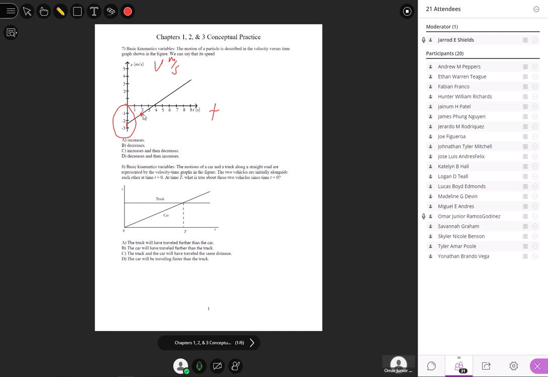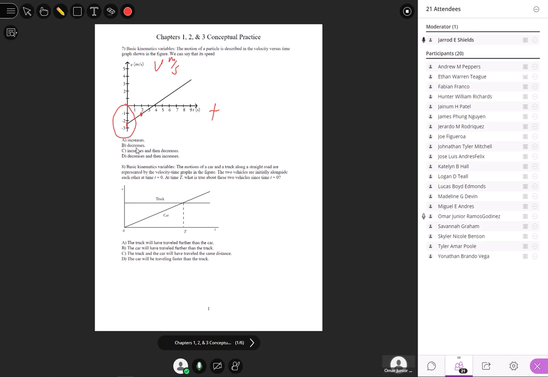So, that being said, if the velocity is negative 2.5 at 0 and negative 1 at 2 seconds, then the magnitude of the velocity is decreasing, correct? Yes. In other words, the object is moving in the negative direction, but is it speeding up or slowing down? Slowing down. Very good, slowing down, okay?